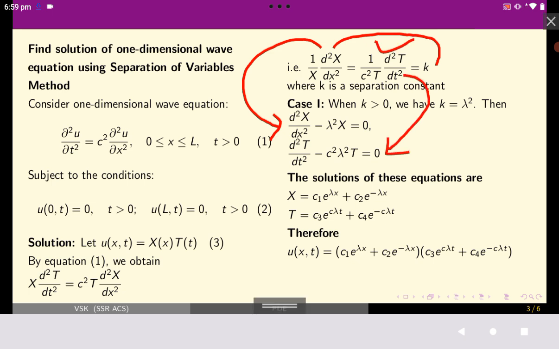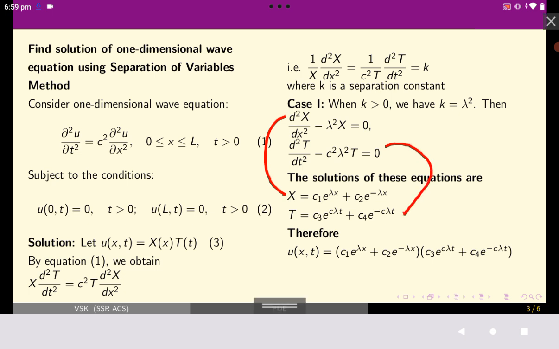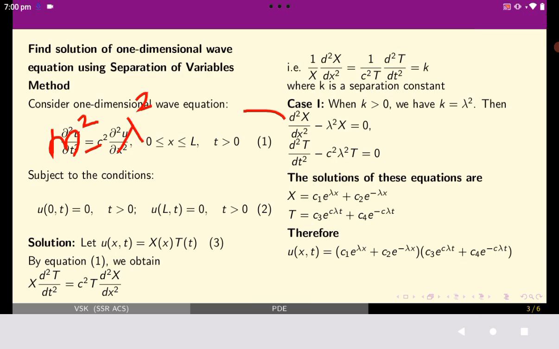And we find the solution of these two. The solution of the first one will be this, and the solution of the second one will be this. How do we get this solution? That's very easy, because the auxiliary equation in this case will become m square minus lambda square is equal to 0, and that gives m is equal to plus minus lambda.